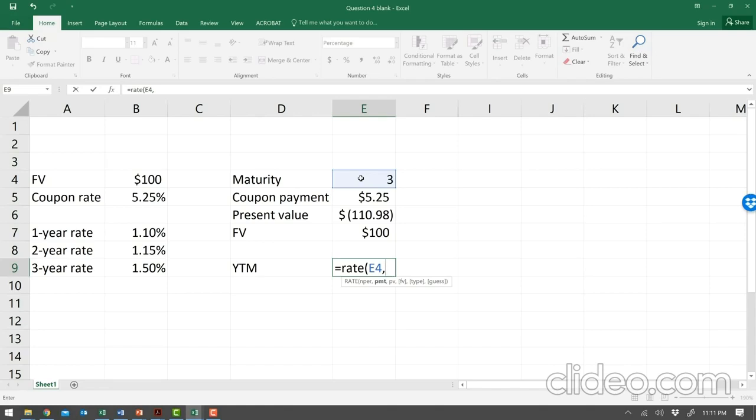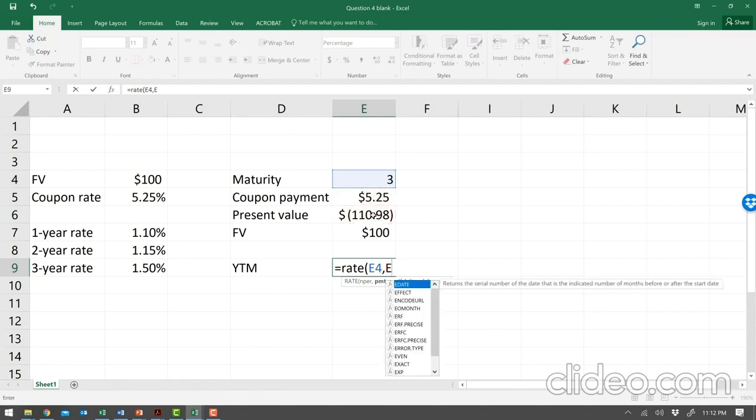In our case, this is the annual coupon, which is $5.25. The third input is the present value, or the current price of the bond. Note that it is important to enter the price of the bond with a negative sign. So here I have negative 110.98.